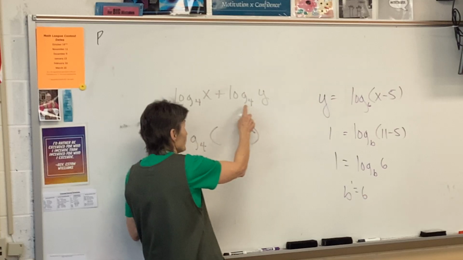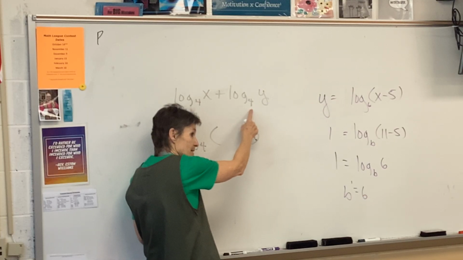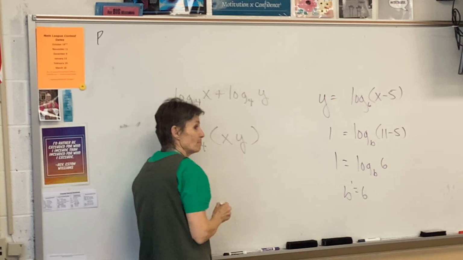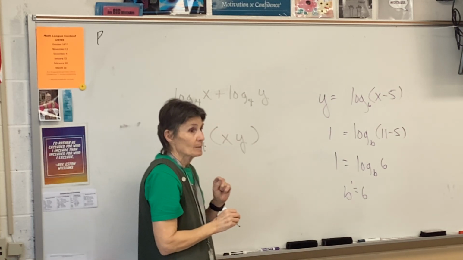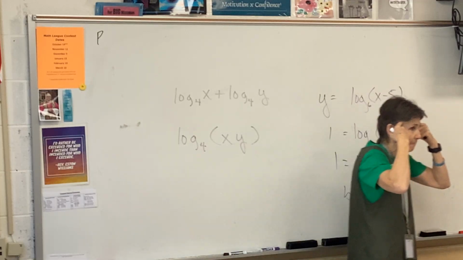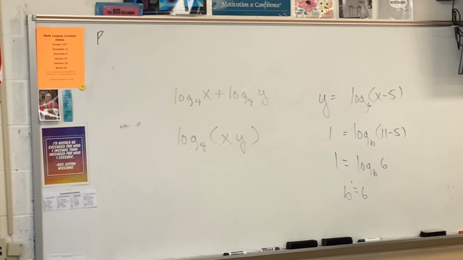If the logarithms are added, then the numbers themselves have been multiplied. This should make sense to you. What happens when two numbers are multiplied? Their exponents are added. This is the inverse relationship.